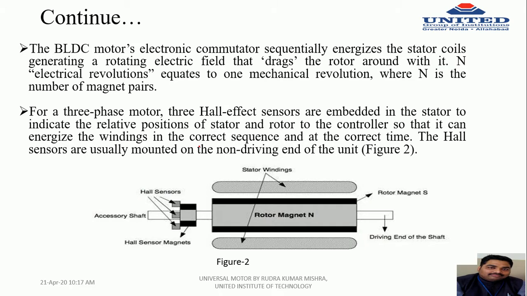The BLDC motor electronic commutator sequentially energizes the stator coils, generating a rotating electric field and drags the rotor around with it. An electrical revolution equates to one mechanical revolution, where n is the number of magnet pairs.